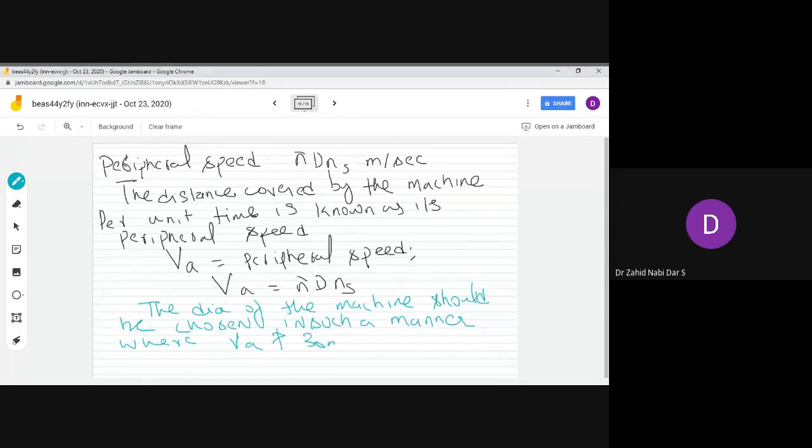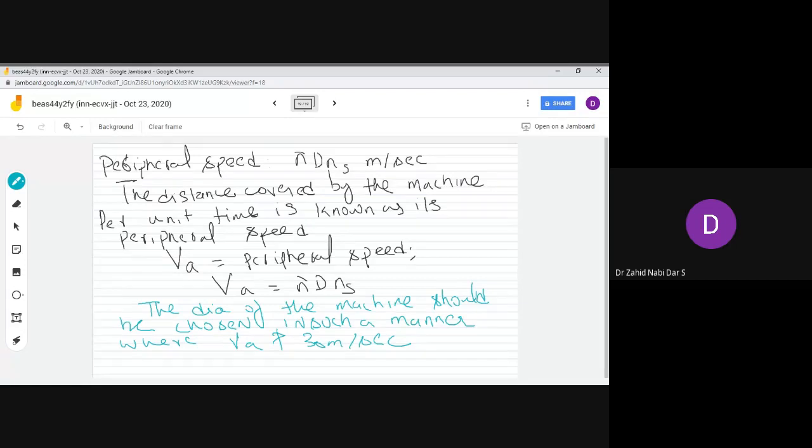What is the reason for this? See, all the machine components are mechanical parts. They have some limitations. If you rotate them at a very large speed, the mechanical parts will break down. It will fall off. That's why in your previous semester, doing the DC series motor experiment, we noticed that the DC series motor should not be started without load.